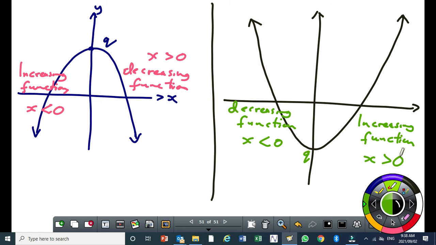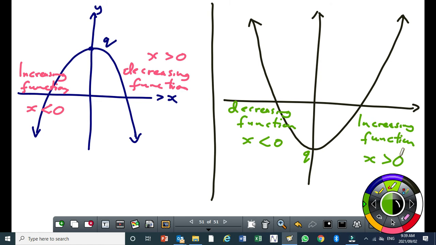If you have a minimum turning point, your answer must be x is less than 0 or x is greater than 0, depending on whether you are asked in terms of an increasing or decreasing function. No other answer except these four. Do you hear me? If you write something else, I don't know where you got that from.